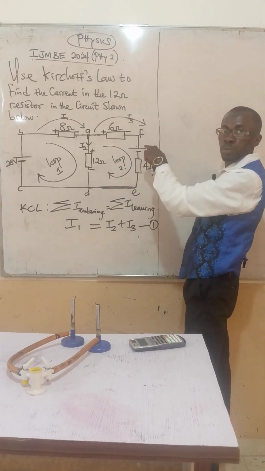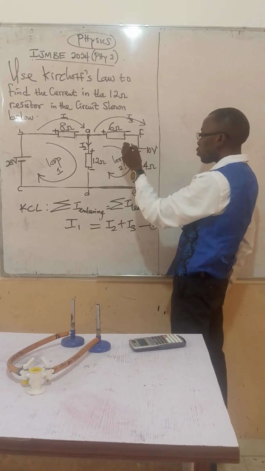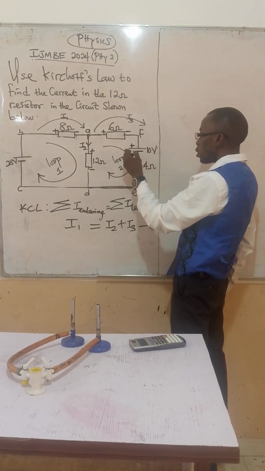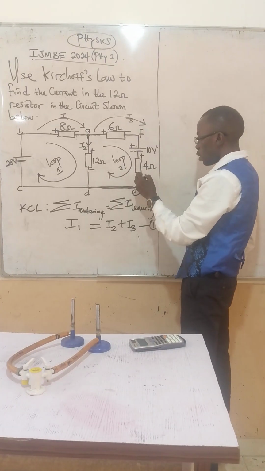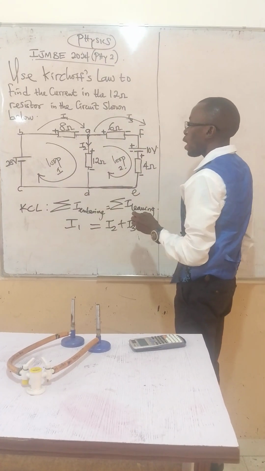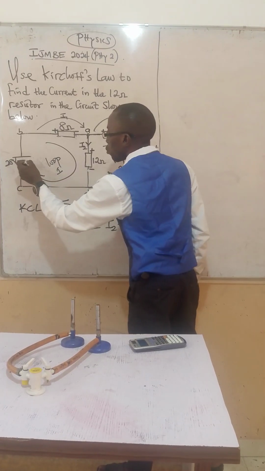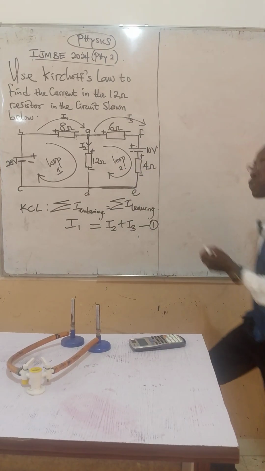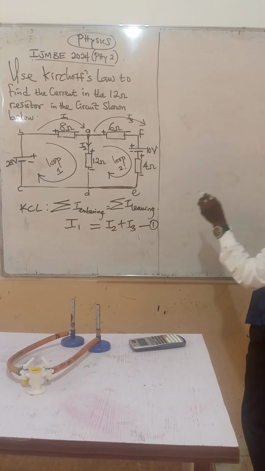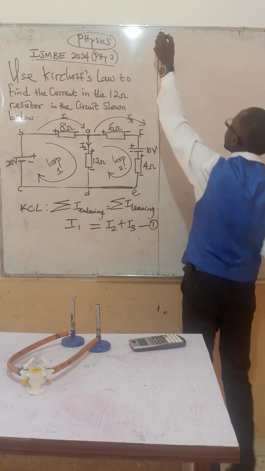The longer part of the battery is positive, and this part is negative. Current is coming in through this positive part. Again, you have this part as negative, and here also you have the shorter part negative, and this part as positive. Once that is settled, you can now apply Kirchhoff's voltage law.